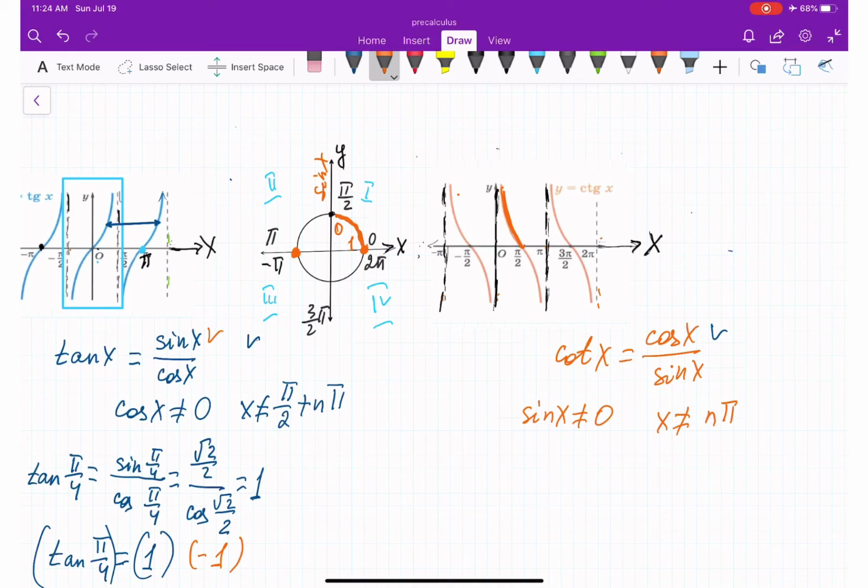Now, from half a pi to pi, it goes from 0 to negative 1, so it continues decreasing further.